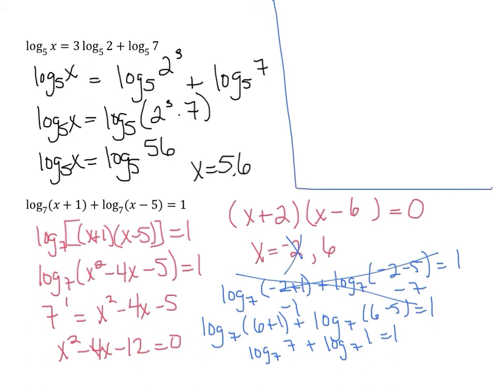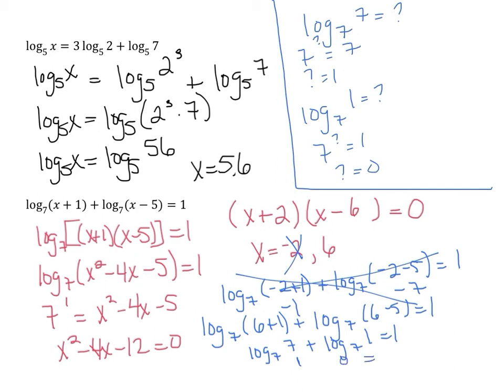Log base 7 of 7: 7 to what power is equal to 7? So this one here is 1. And then the log base 7 of 1 is equal to what? 7 to what power is equal to 1? To get 1, you need a 0 power. So that's 0. And 1 plus 0 is equal to 1. So the answer here is that x is equal to 6.